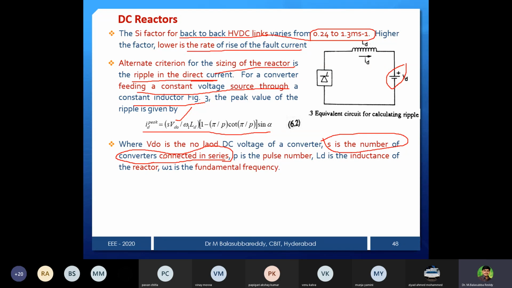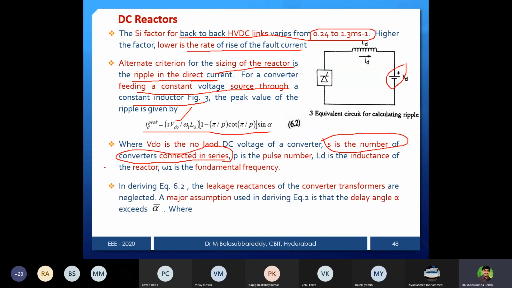So the converters can be connected in series to form a 12 pulse converter, and sometimes groups of valves are also connected in series and parallel operation. That will increase the voltage level as well as the current value. So that's based on that.